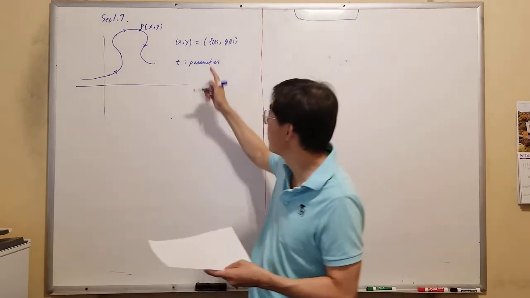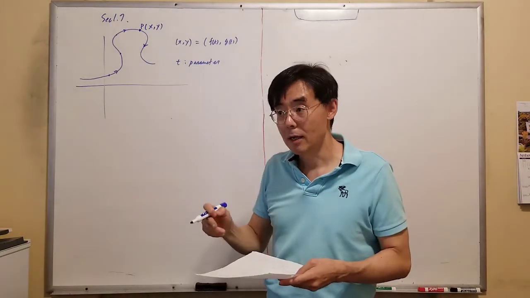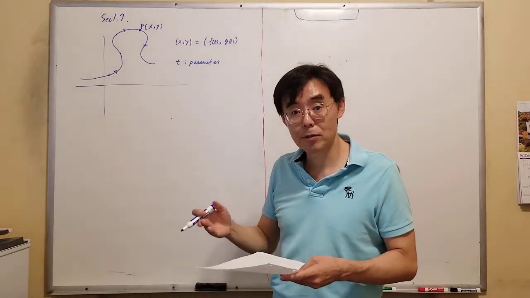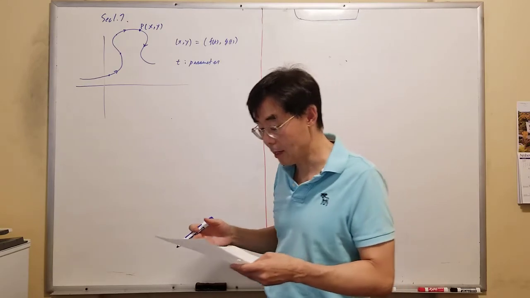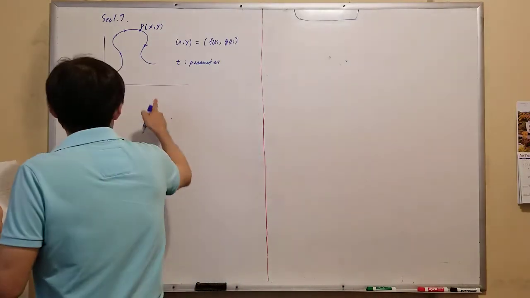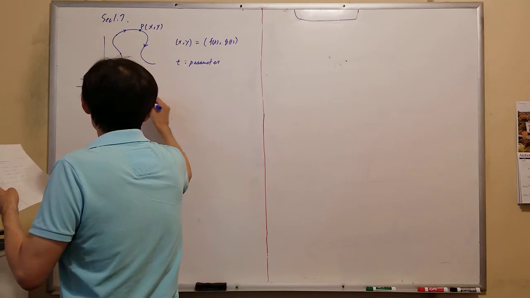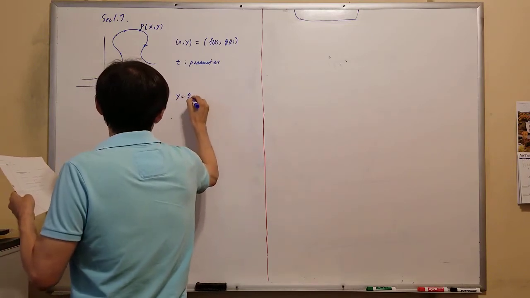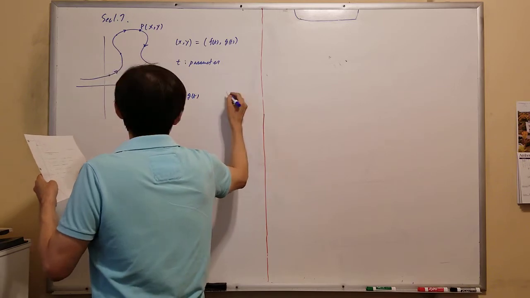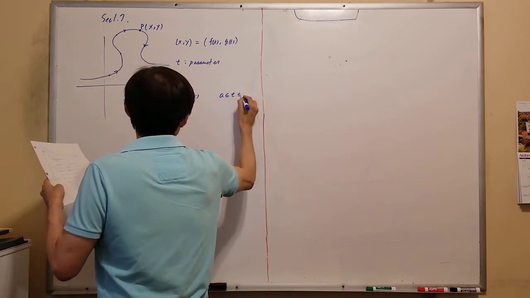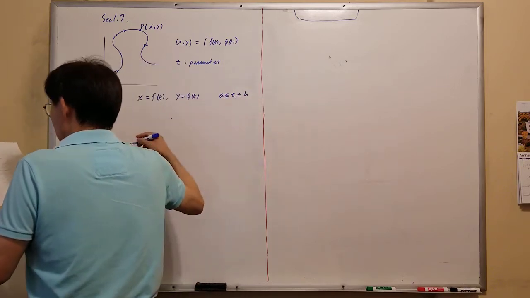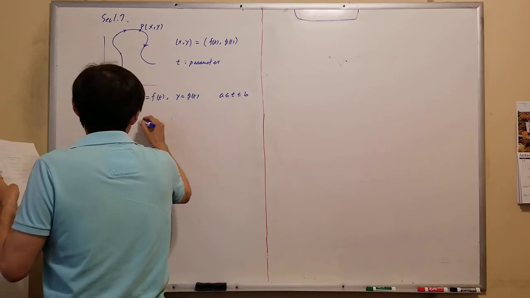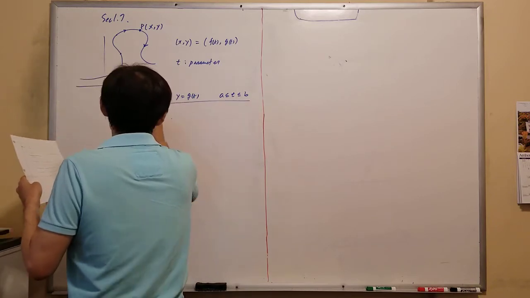If you think this represents the varying position of a moving object. So in this case we can have x equals f of t, y equals g of t, and a lot of times we have a finite domain, sometimes we have an infinite domain, and we call it parametric equation.